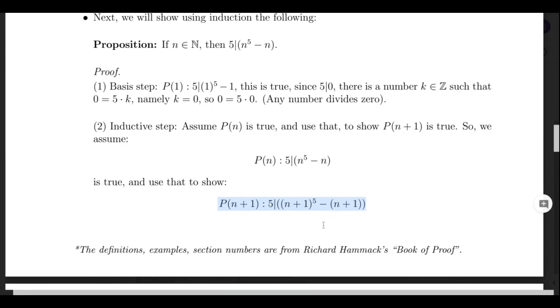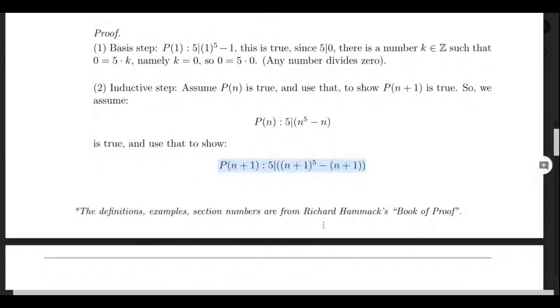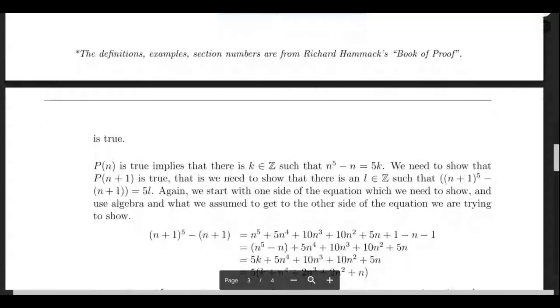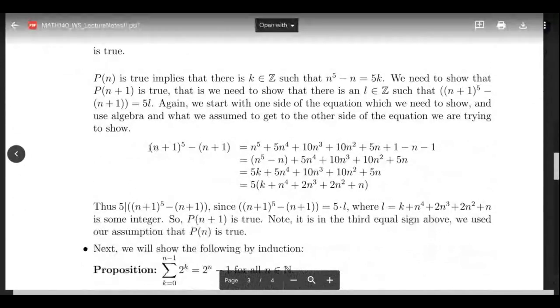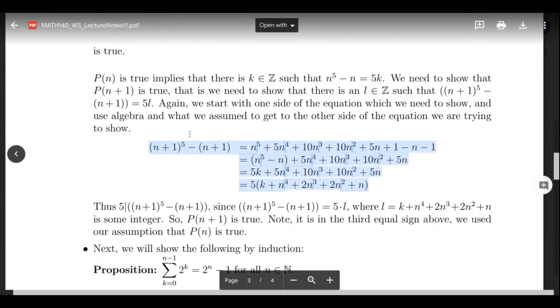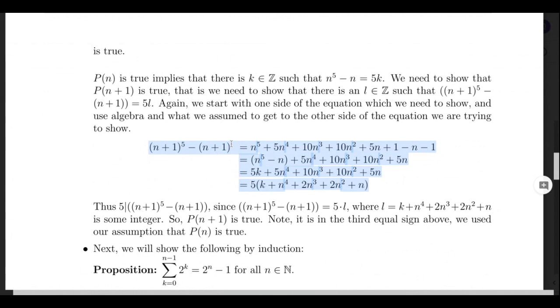So now we need to do a little algebra. So let's see, what is n plus 1 raised by 5 minus n plus 1? If we remember, we learned Pascal's triangle, binomial theorem, we could use here, right? n plus 1 raised by 5.